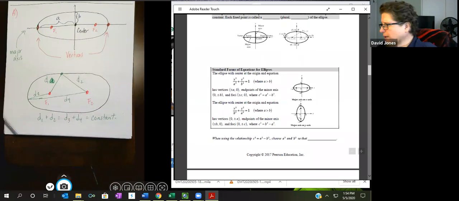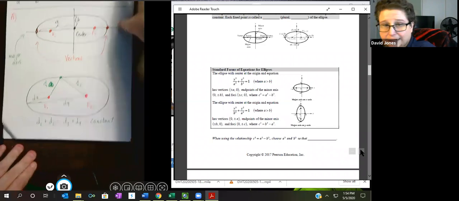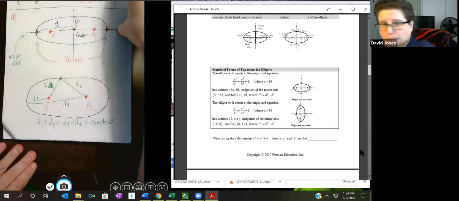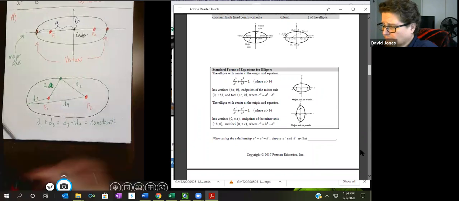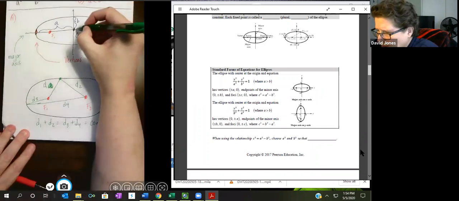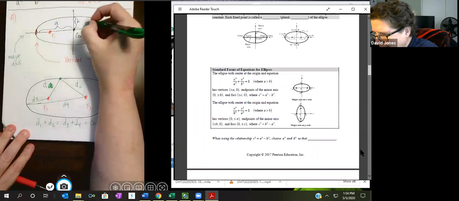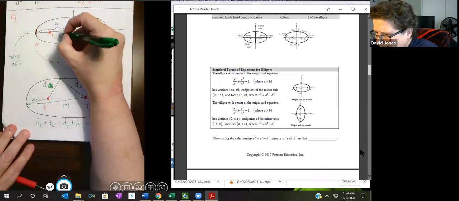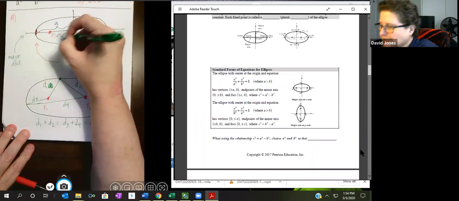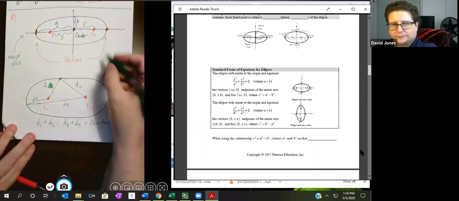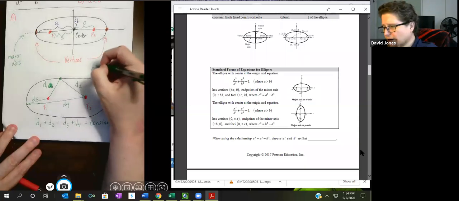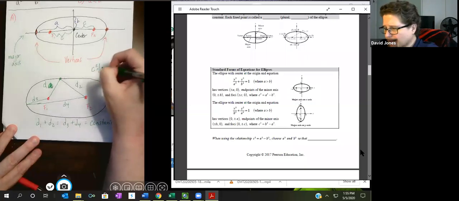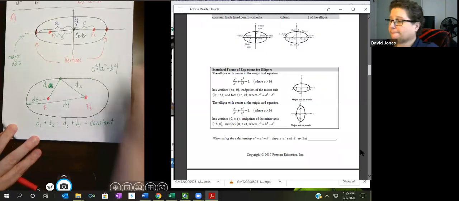The reason why I didn't want to use C is we end up using that to describe where the foci are located. In this picture here, C is that distance. C is that distance. In all cases, C squared equals the absolute value of a squared minus b squared.